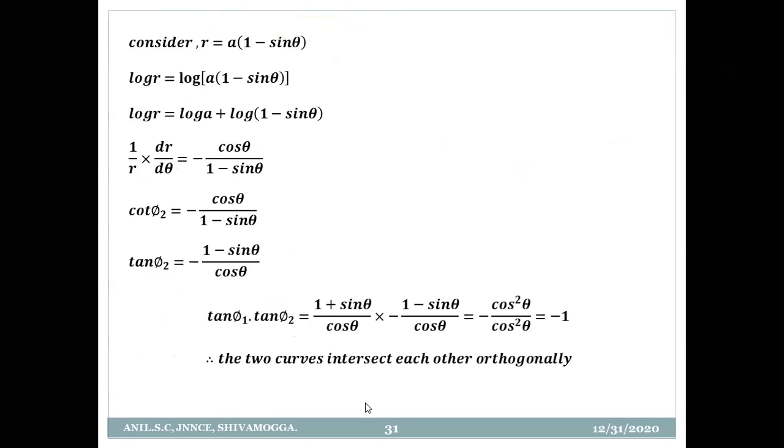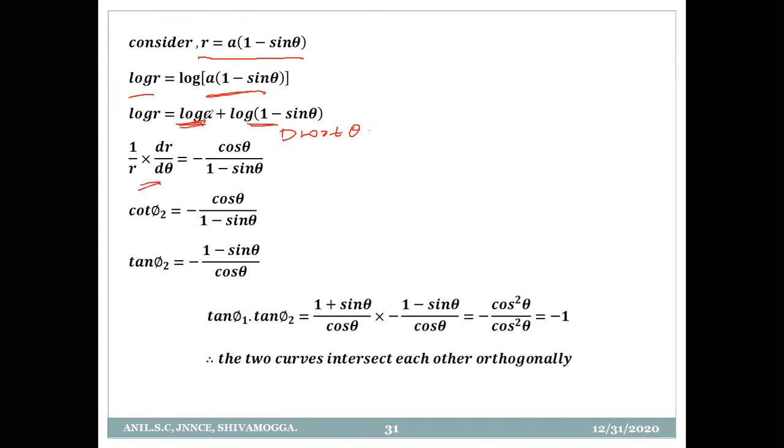Consider the second curve. The second curve is r is equal to a into 1 minus sine theta. Take log on both sides. Log r is equal to log a into 1 minus sine theta. Clearly it takes log m into n form, which can be written as log m plus log n. Now differentiate both sides with respect to theta. The derivative of log r is 1 by r into dr by d theta.